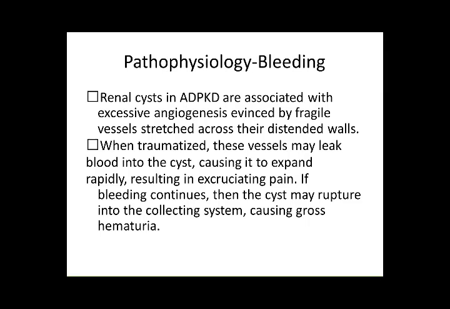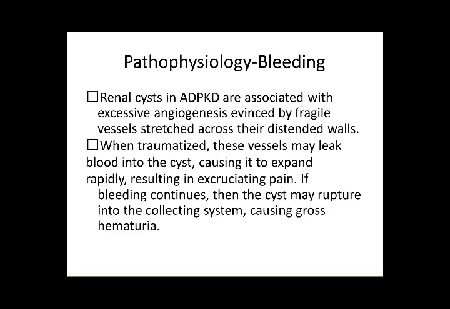This may lead to a traumatic bleeding into a cyst, which causes severe pain and bleeding in the cyst and gross hematuria, and causes severe pain in the bilateral kidneys and in the lumbar region of the patient.